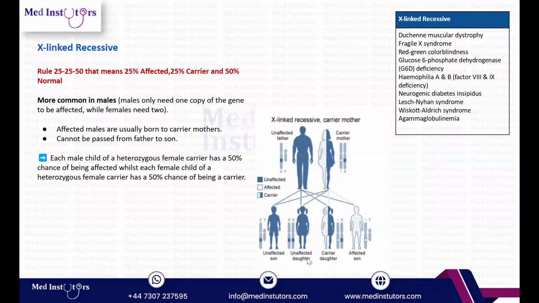And when we look at the females, she might be a carrier for the condition or she might be unaffected. So here again, the chances would be 50-50. Is everyone clear about the sex-linked recessive pattern of inheritance? If anyone has any confusion, you may ask me so that I can repeat.